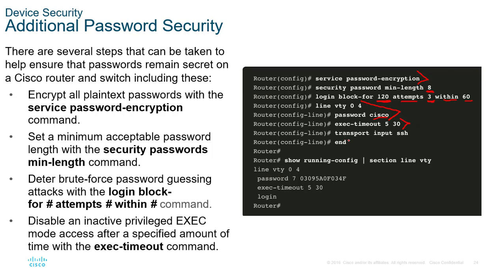And here the transport input command is used if you want to only allow SSH connections to your router for remote management. This ensures an encrypted conversation, whereas allowing for Telnet, if I were to say transport input telnet and include telnet in the command, that'll allow clear text conversations for remote administration.